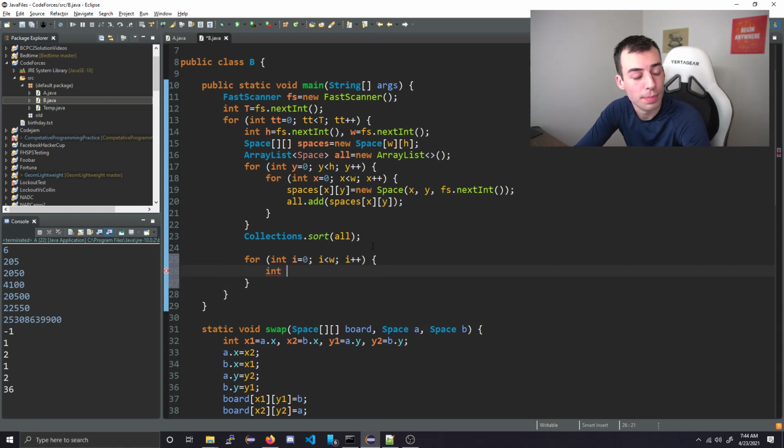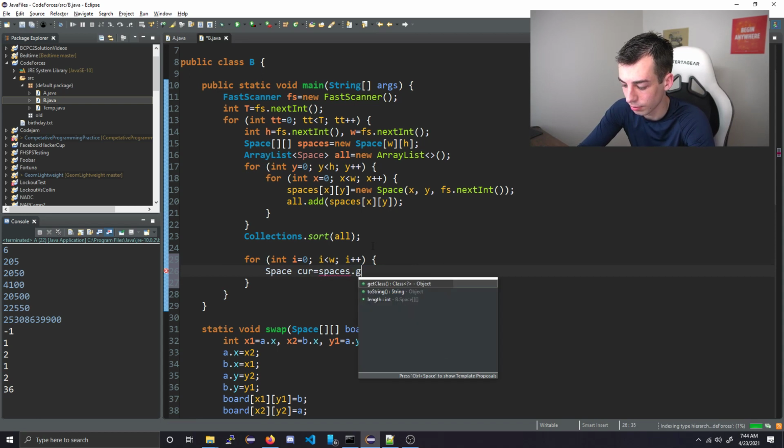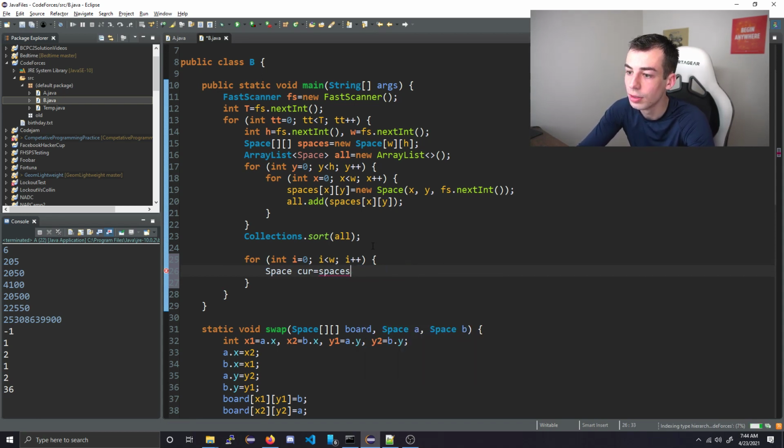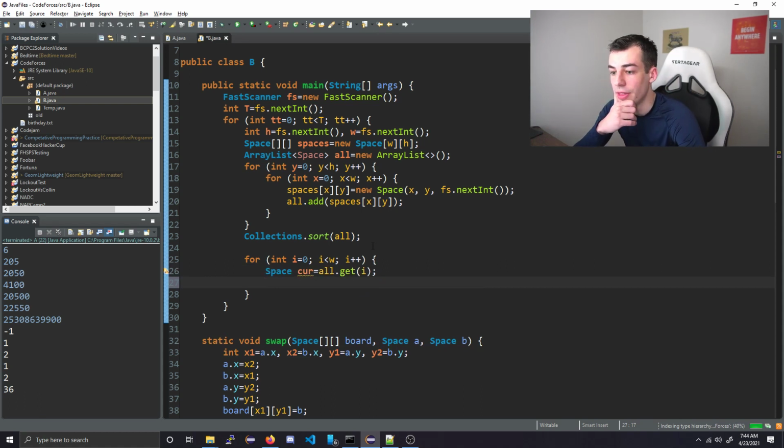So we want the position. Get i, and we need to move this to row i or column i.